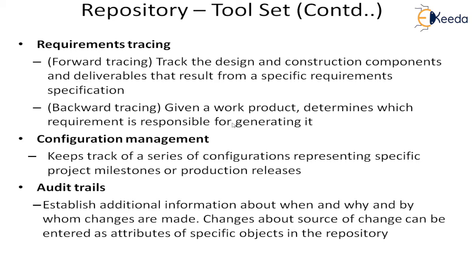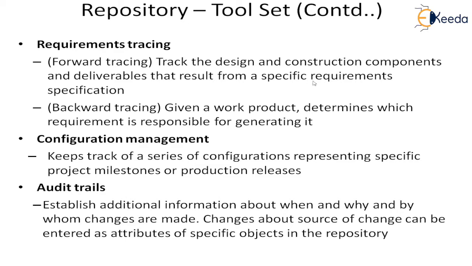Then comes the requirement tracing. In requirement tracing, as we have discussed in requirement engineering, we identify each requirement and give it a unique name so that we can track it. This is normally called forward tracing or forward tracking. So when we do this kind of tracking, the design and the construction components are getting tracked from the specification requirements.